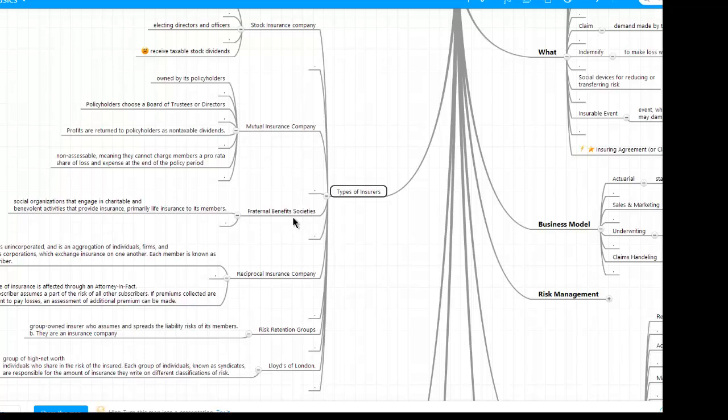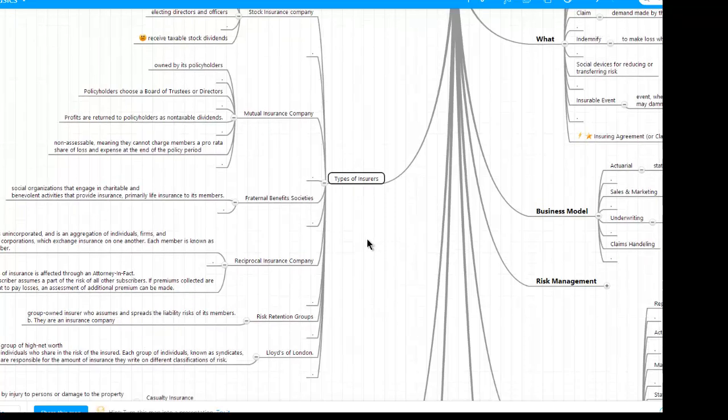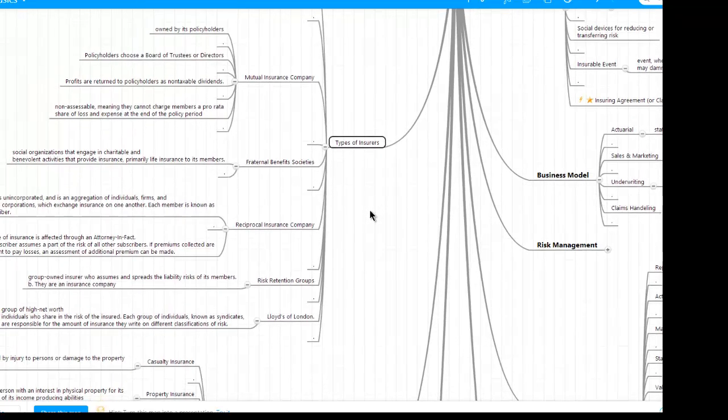Then we have fraternal benefit societies. So you can see that's maybe like a fraternity or some get-together and they decide to make an insurance company. Now, these reciprocal insurance companies are an aggregation of individual firms and businesses that are in the same type of business, and each member is known as a subscriber.